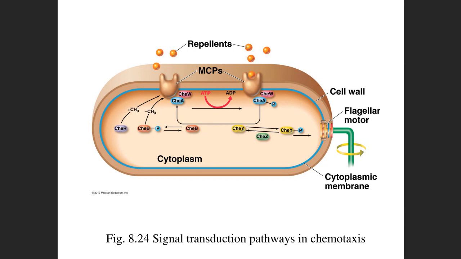Well, they have a sensor on the membrane, and once they sense bad things, the sensor becomes active, and then it will phosphorylate CheA. Then CheA will phosphorylate CheY. You see, CheA has this phosphate, and then reacts with CheY, and the phosphate goes to CheY.